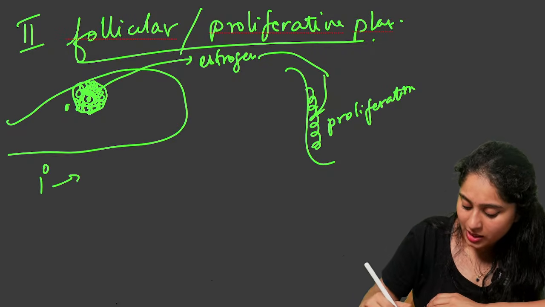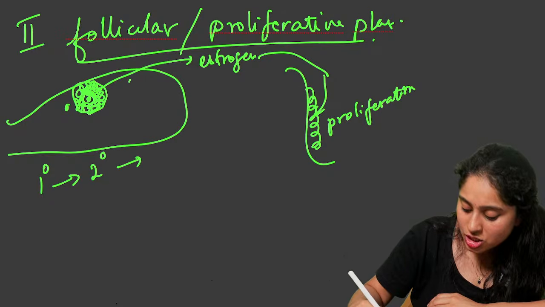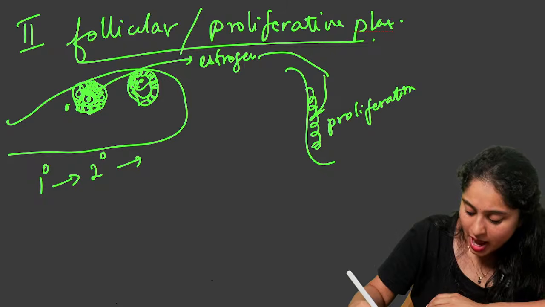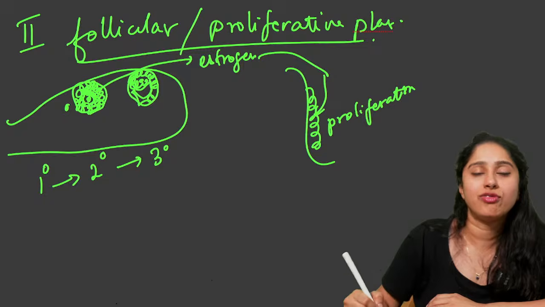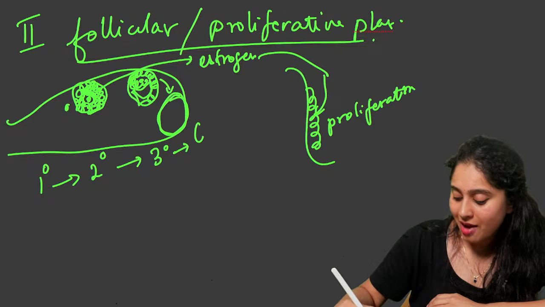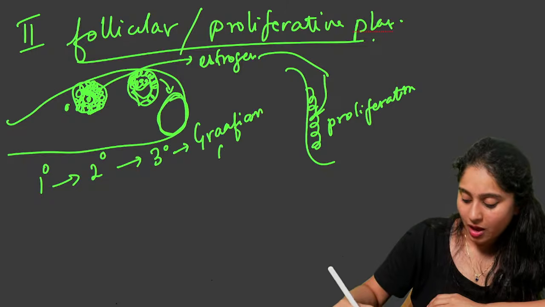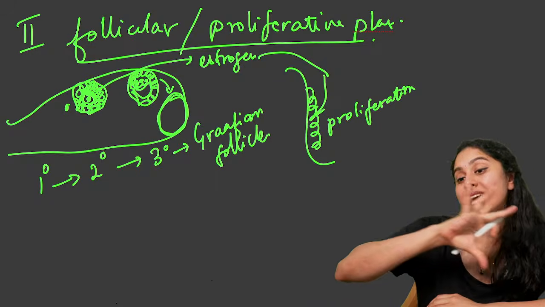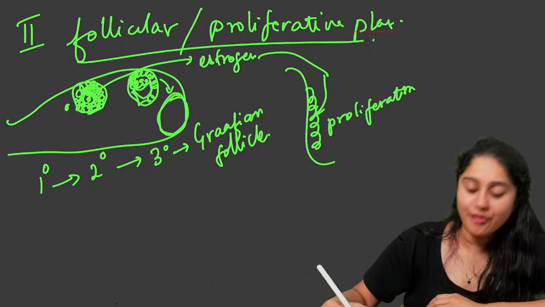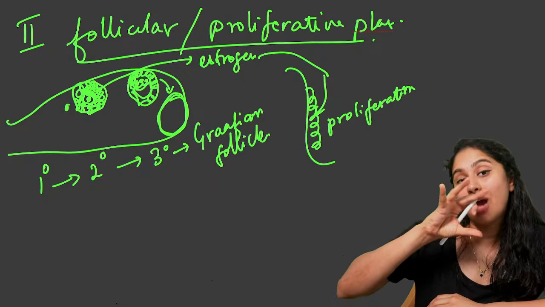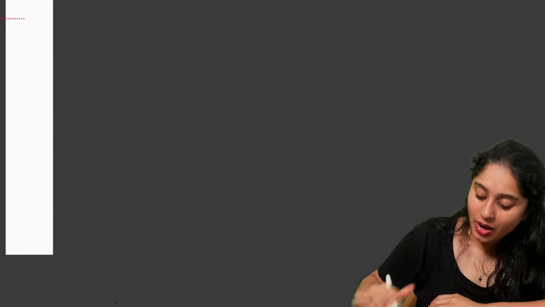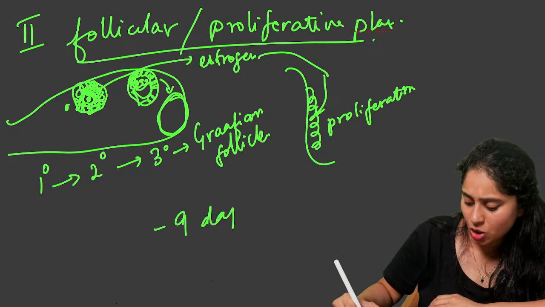This primary follicle becomes a secondary follicle, and then slowly it will develop some water pockets inside. This is what we call a tertiary follicle. This will mature into a proper Graafian follicle. All this follicular growth takes place in the follicular phase. This Graafian follicle will have the mature secondary oocyte inside. This phase is about 9 days long.